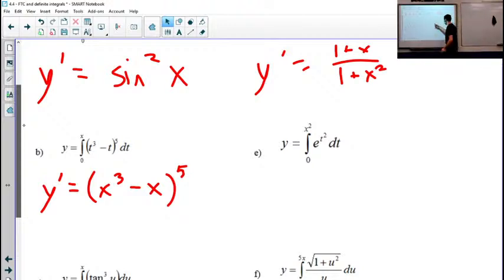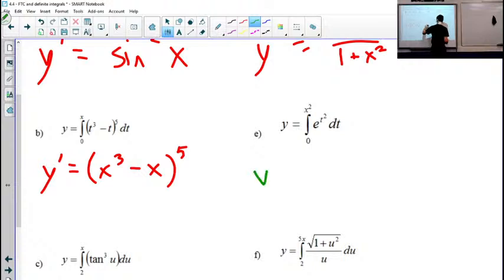So we are working from 0 to x squared now. So we're going to write this upper bound into our equation here. So instead of t, now the thing that goes in here is the x squared.